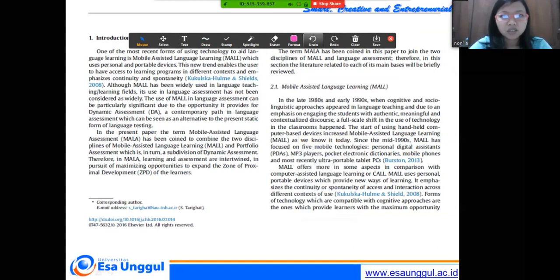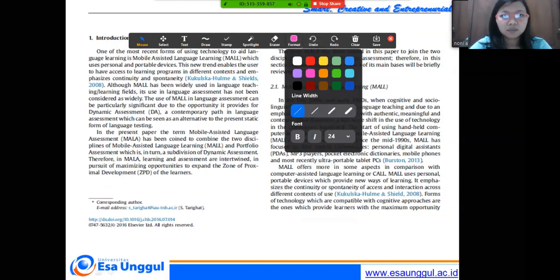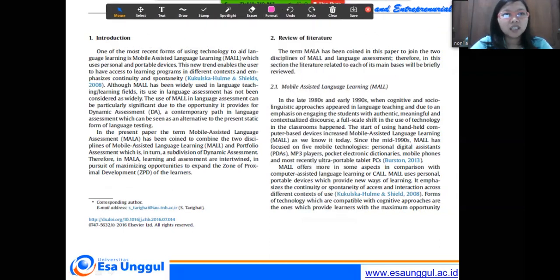Now we can go to the next section. The next section is the introduction. Okay, in the introduction, we will know the rationale or the reason the researchers conduct the research.